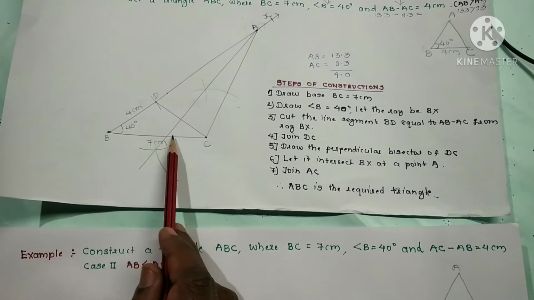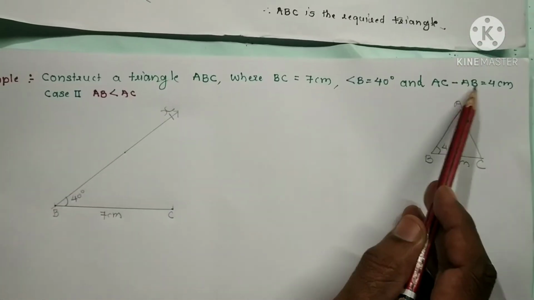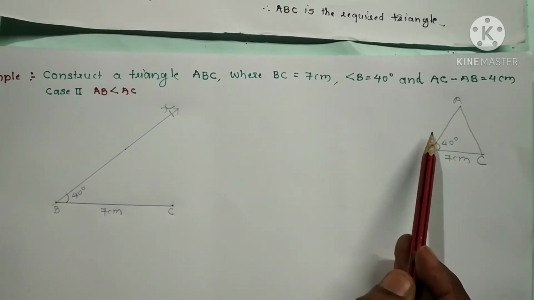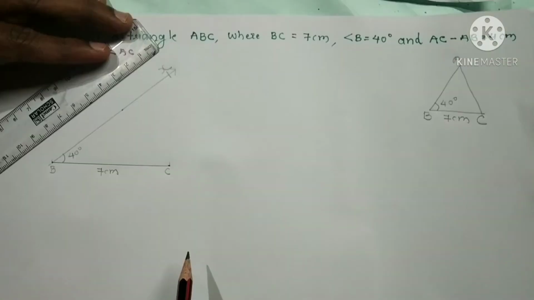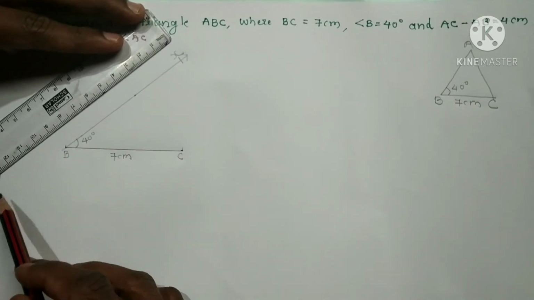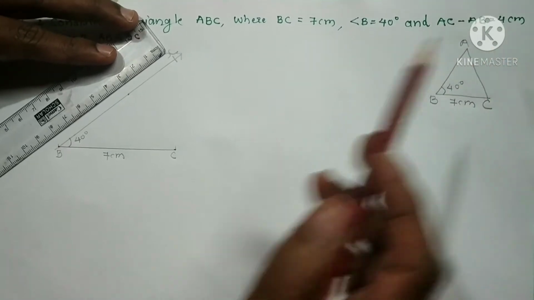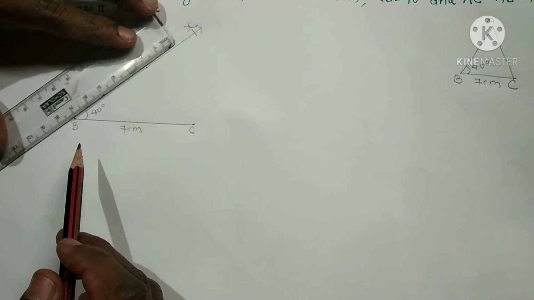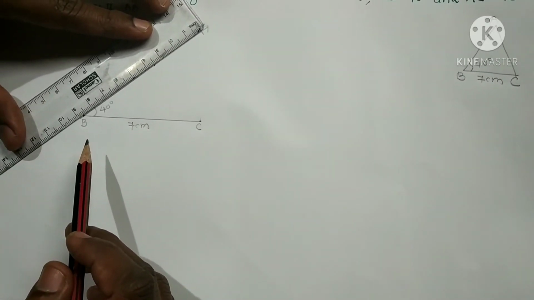So next step, for the first case we have drawn this AB minus AC equal to 4 centimeter above the base BC. For this case AC minus AB is equal to 4 centimeter, means AC is greater than AB or AB is less than AC. In such a case, next step, cut the line segment BD equal to AC minus AB, which is 4 centimeter, and for this you have to keep the scale like this and take the BD distance as 4 centimeter.